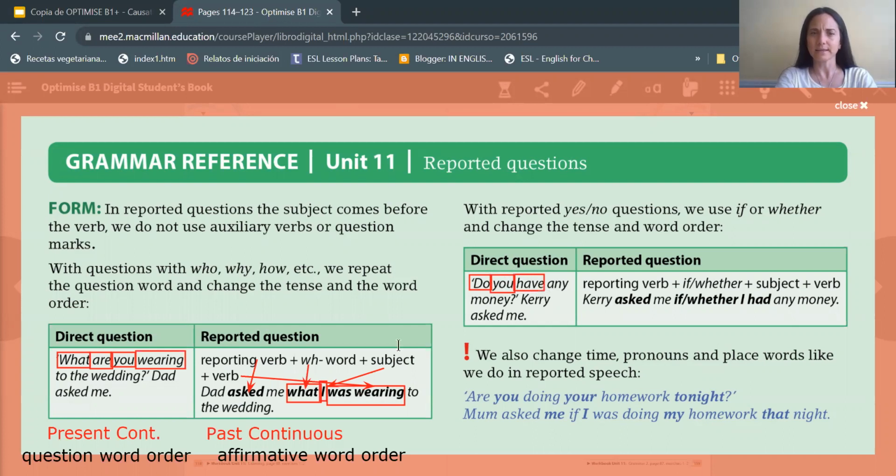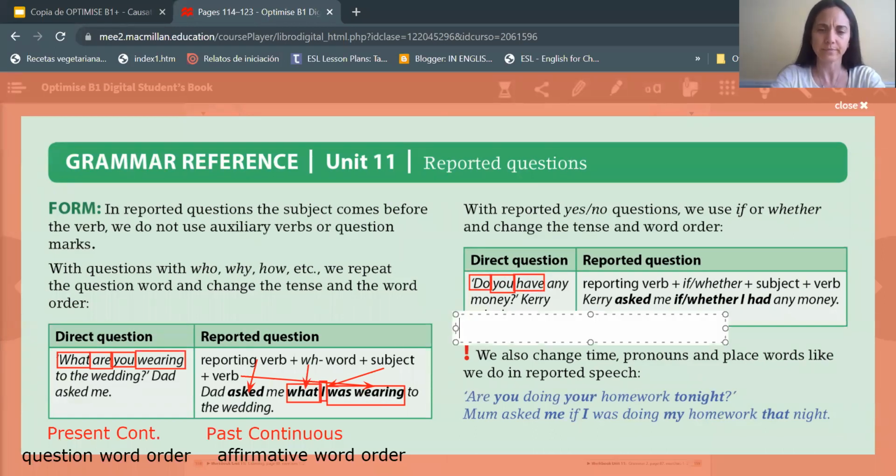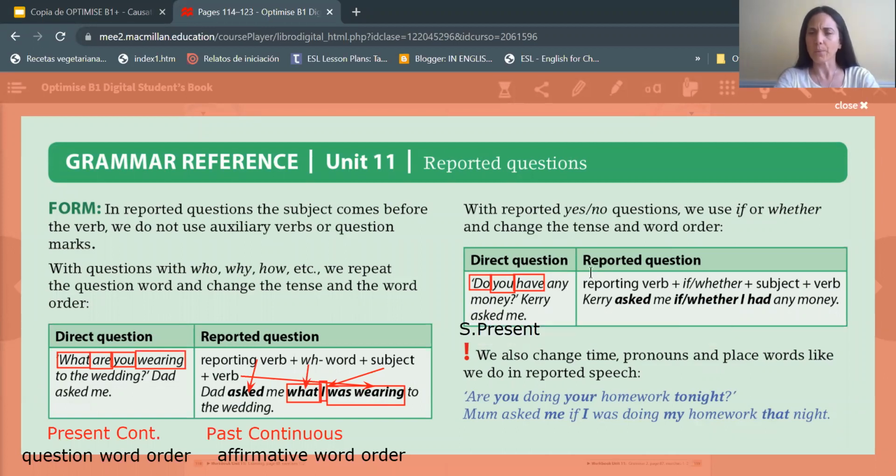This is in simple present. Okay? Now, in the reported question would be the reporting verb plus if or whether. Remember that whether after the W, it goes an H because students tend to forget the first H. It has two H's, okay?